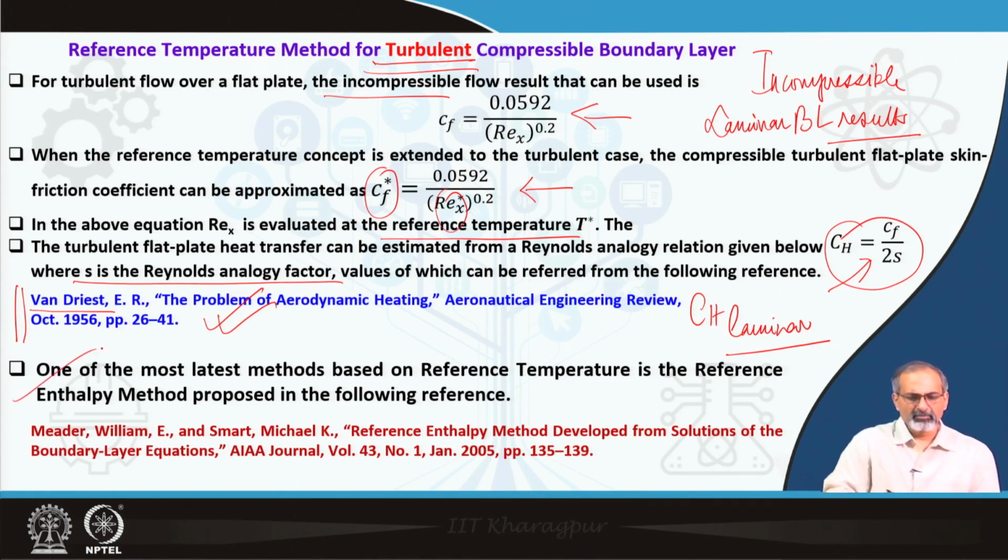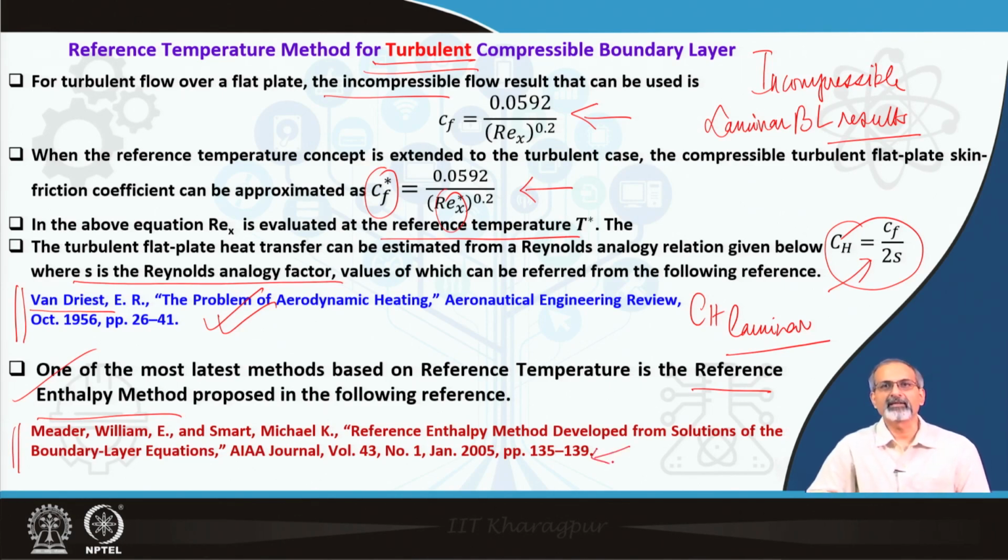One of the latest methods based on reference temperature is the reference enthalpy method, proposed in the following reference of Maeder, and you can also have a look at this paper if you manage to find it or find time to access and go through it. So, these are some further inputs which you can explore in your spare time.